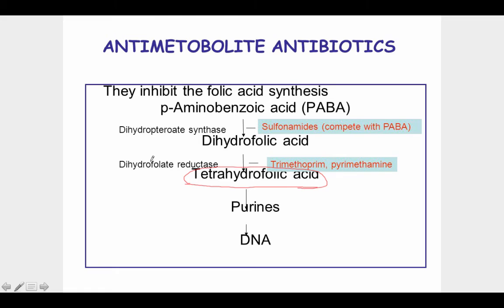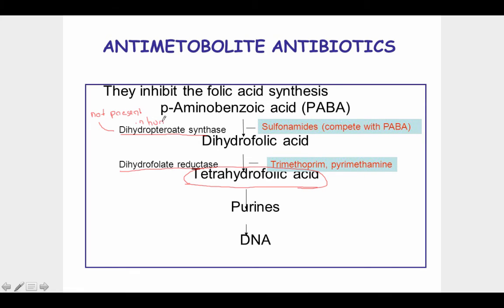And as you can see, there are two main enzymes that are involved in the production of folic acid in bacteria. There's dihydropteroate synthase and dihydrofolate reductase. Just remember those two enzyme names. And the other thing you need to know is that dihydropteroate synthase is not present in humans.